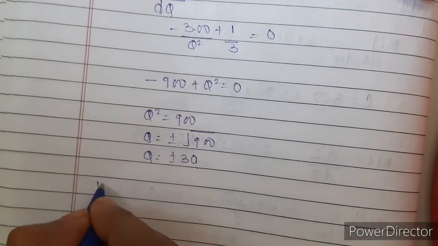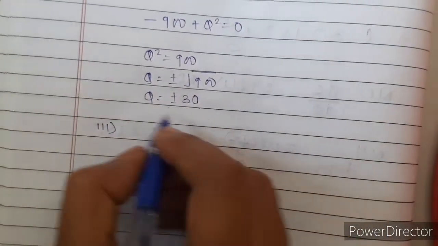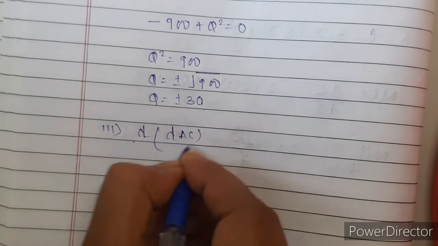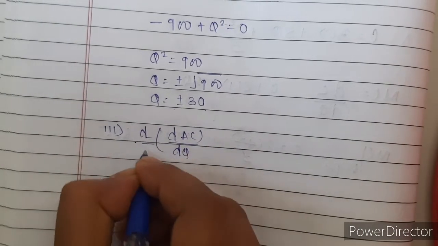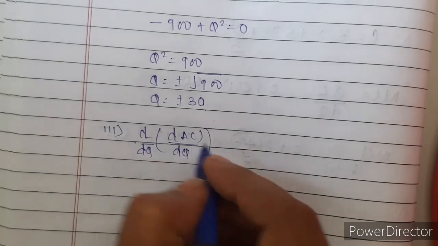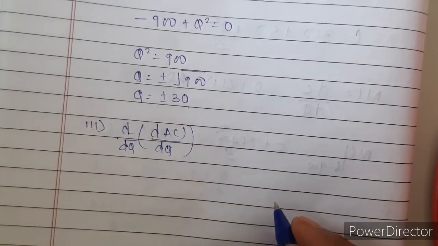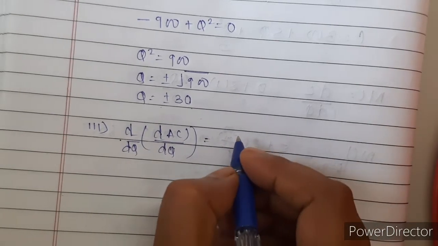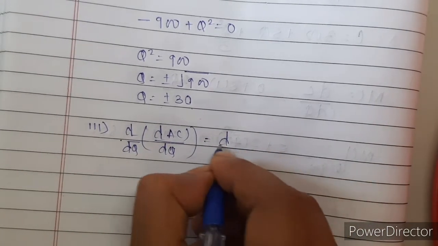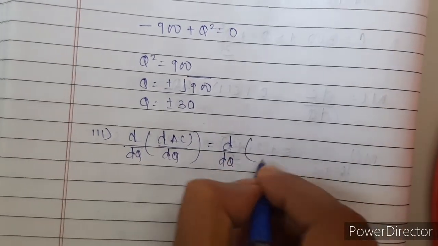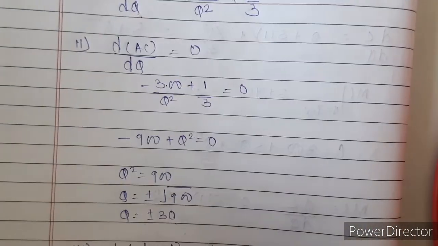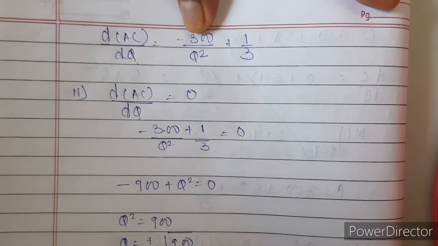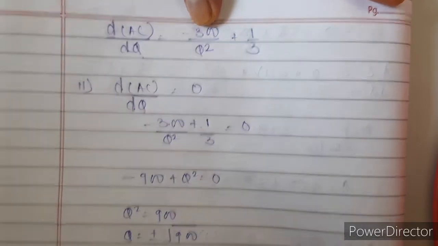Now the third step is we have to find the second derivative of average cost and check at what point it is going to give us minimum and at which point it is going to give us maximum. So we can write this as minus 300 Q to the power minus 2 plus 1 by 3.